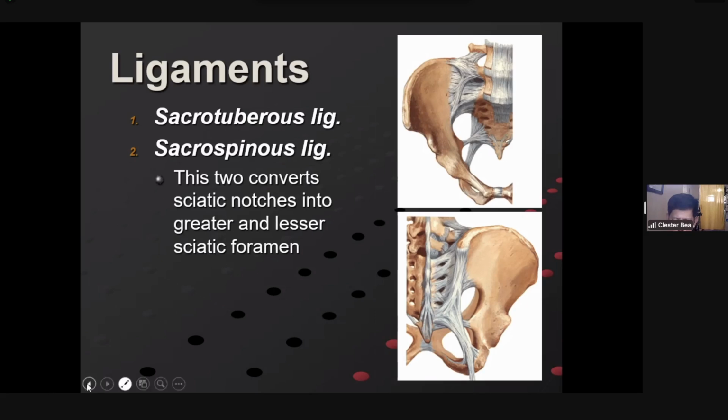Now you also have your iliolumbar ligament, extending from the transverse process of the lumbar vertebra going to the iliac crest.